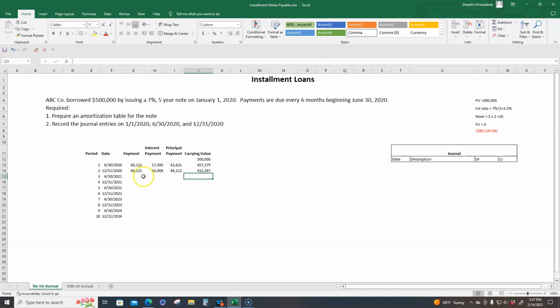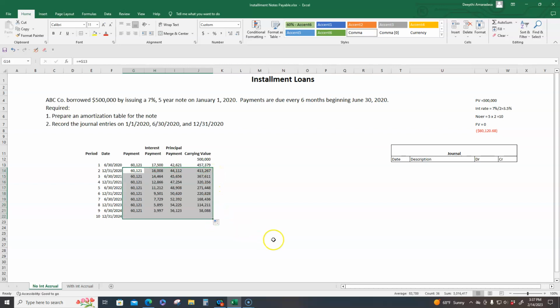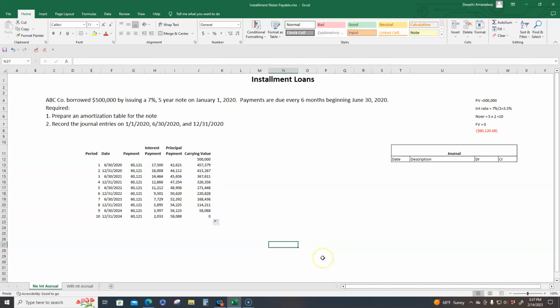If you've been using cell references in Excel, you can now basically click on these four numbers, use this handle and drag it down, and it will calculate the rest of your amortization table. If you don't use cell references, you can rework this table, calculate every number by hand, and then make sure you get the same numbers as I do.